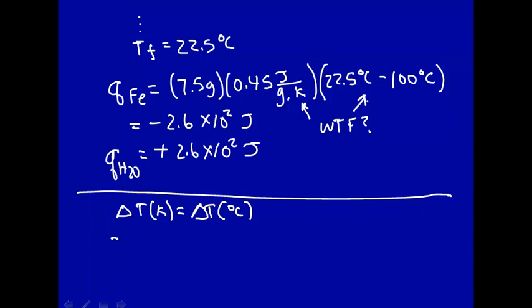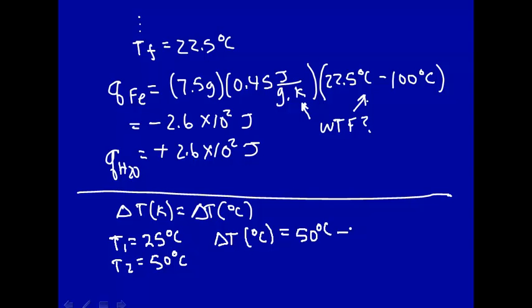Suppose our first temperature T1 is 25 degrees C, and T2 is 50 degrees C. So delta T in degrees C is the final temperature, 50 degrees C, minus 25 degrees C, and that's 25 degrees C. Now let's convert all these temperatures to Kelvin.